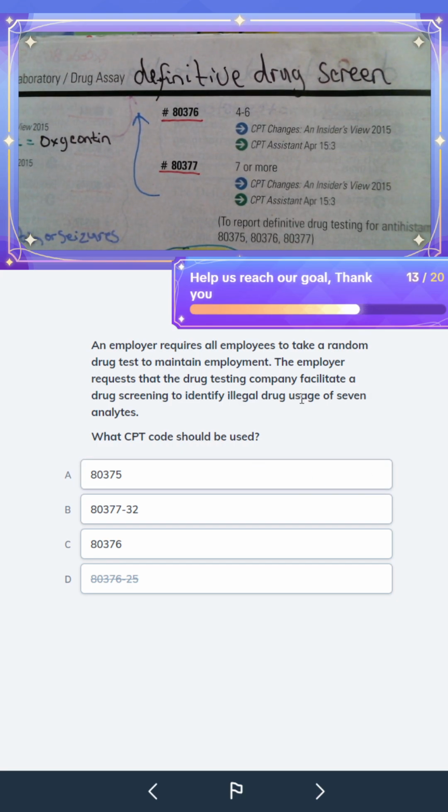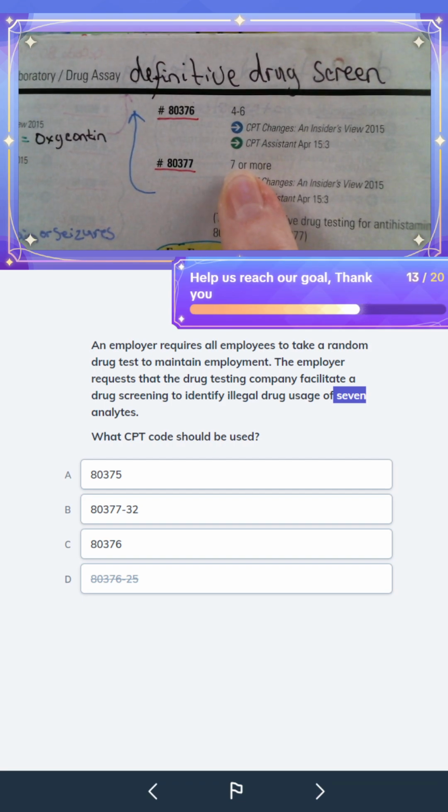Requesting for illegal drug use of 7 drugs. So which code has 7 beside it?